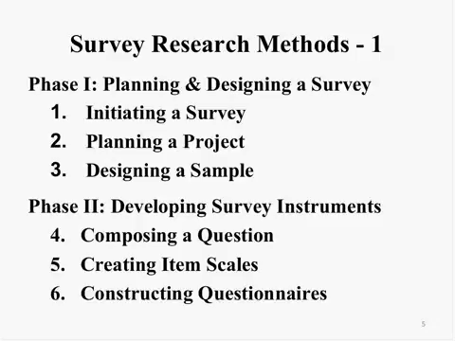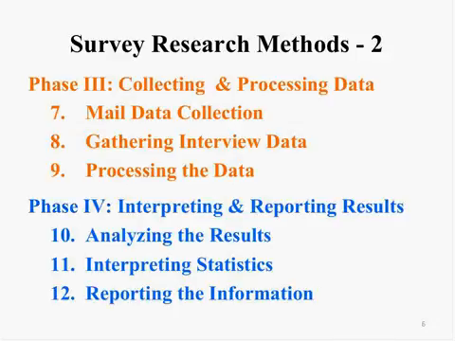In phase 2, we looked at composing a question, creating item scales, and constructing questionnaires. Last time in phase 3, we talked about mail data collection, gathering interview data, and concluded with processing the data. And now today, as we begin phase 4, we'll be talking about interpreting and reporting results. This includes section 10, analyzing the results, section 11, interpreting statistics, and section 12 on reporting the information.